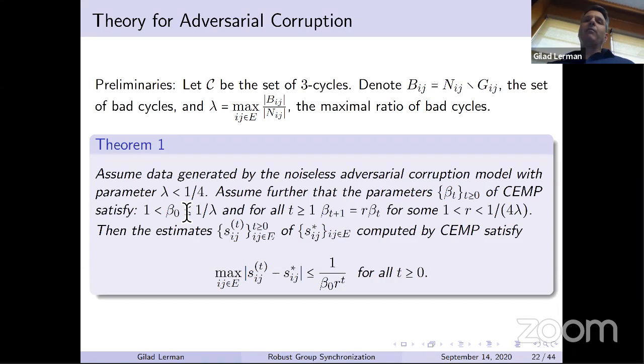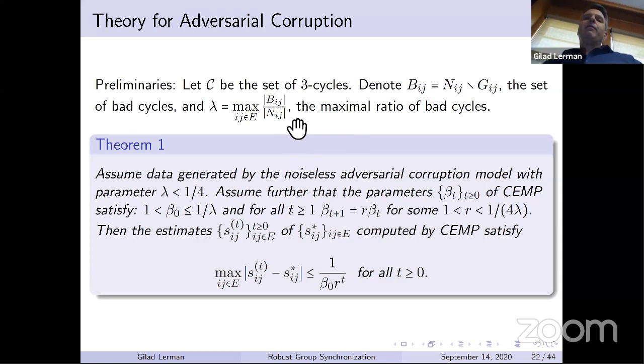So lambda less than 1/4. So what is lambda? I denote by Gij the set of all good cycles with respect to the edge ij, and Nij is all cycles of edge ij. So Bij is the rest of the cycles, which we call bad.